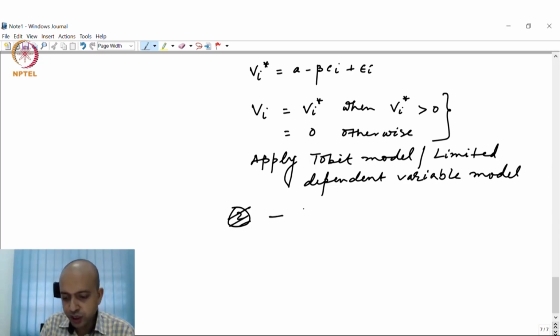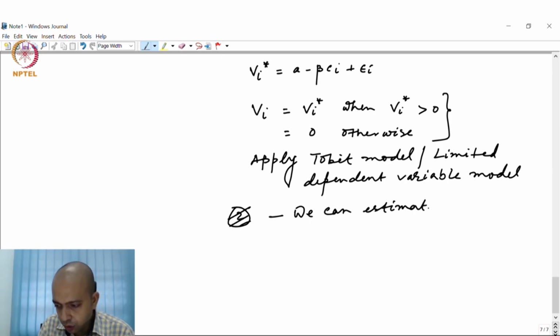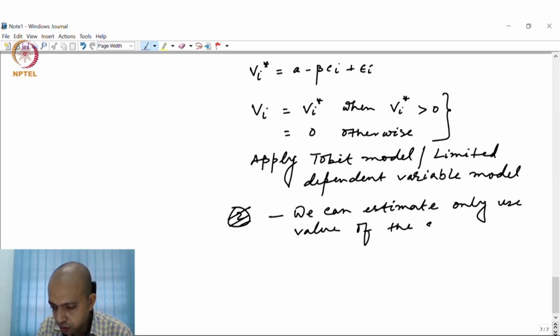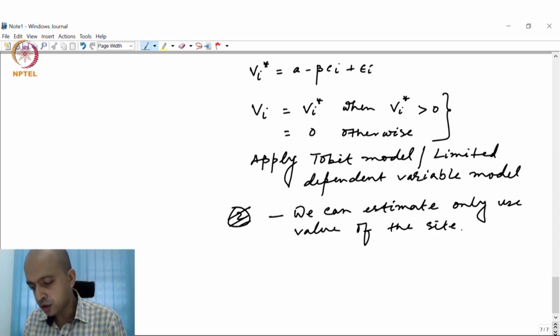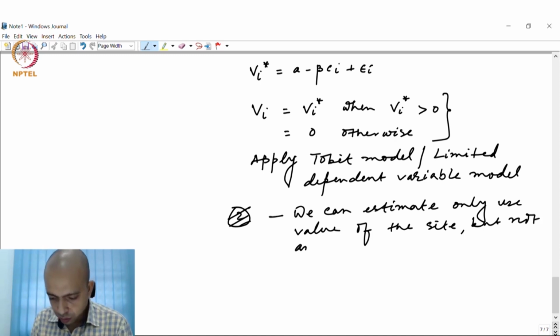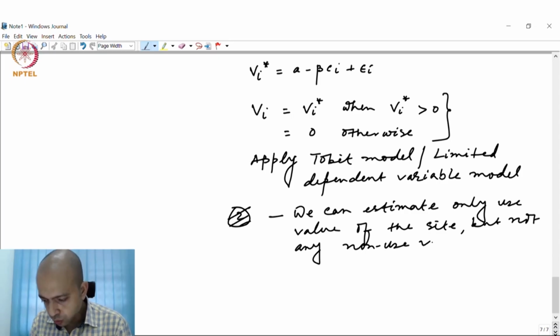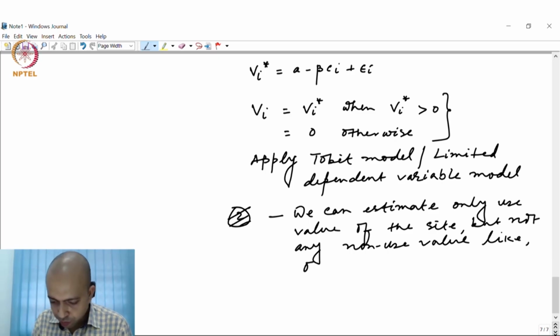That means we can estimate only the use value of the site, but not any non-use value like option value.